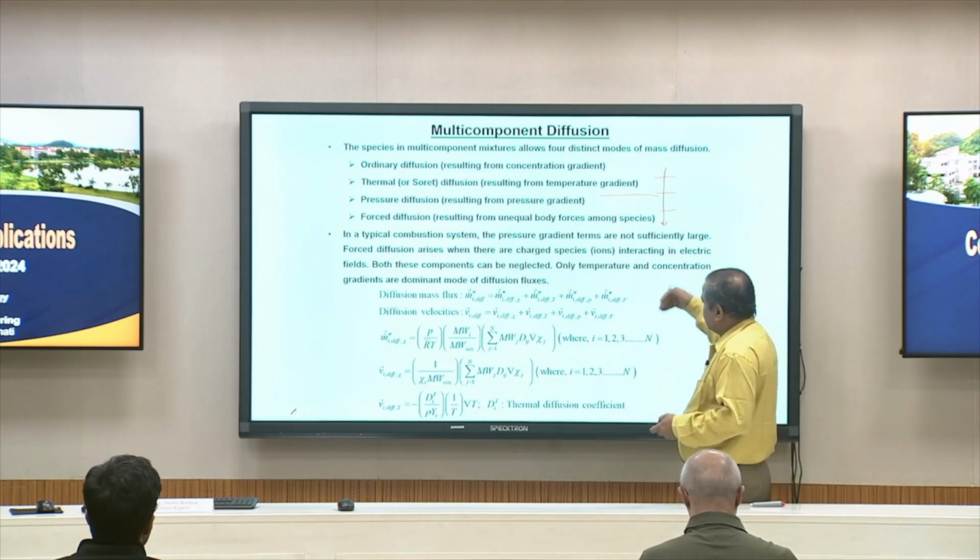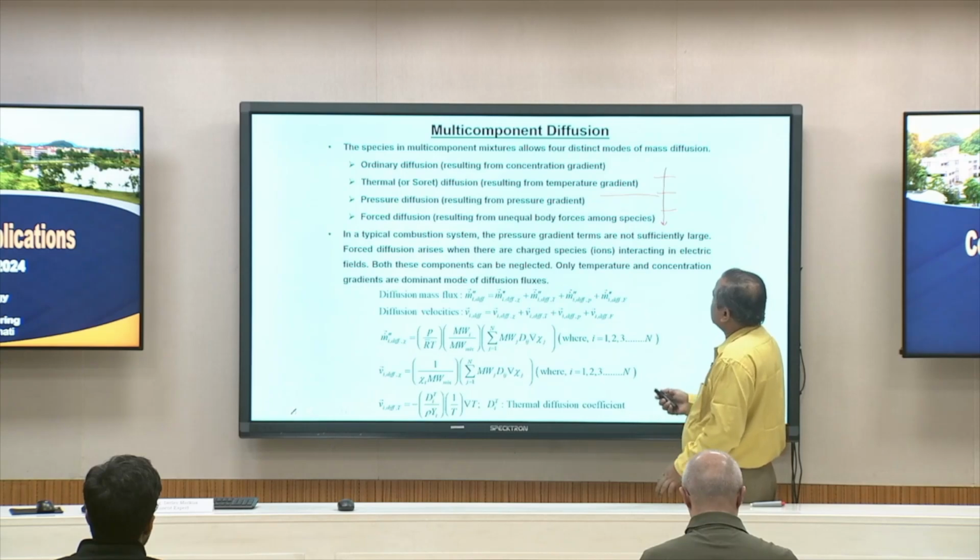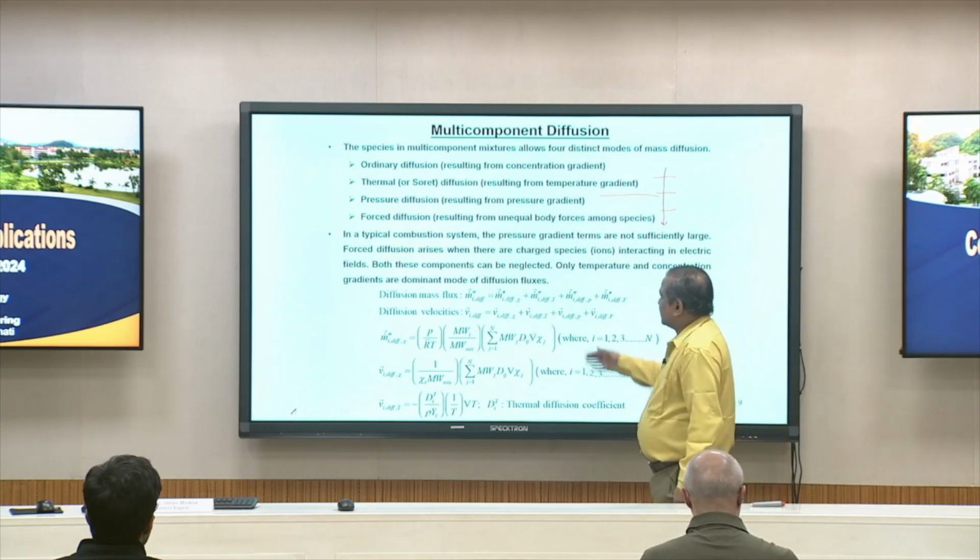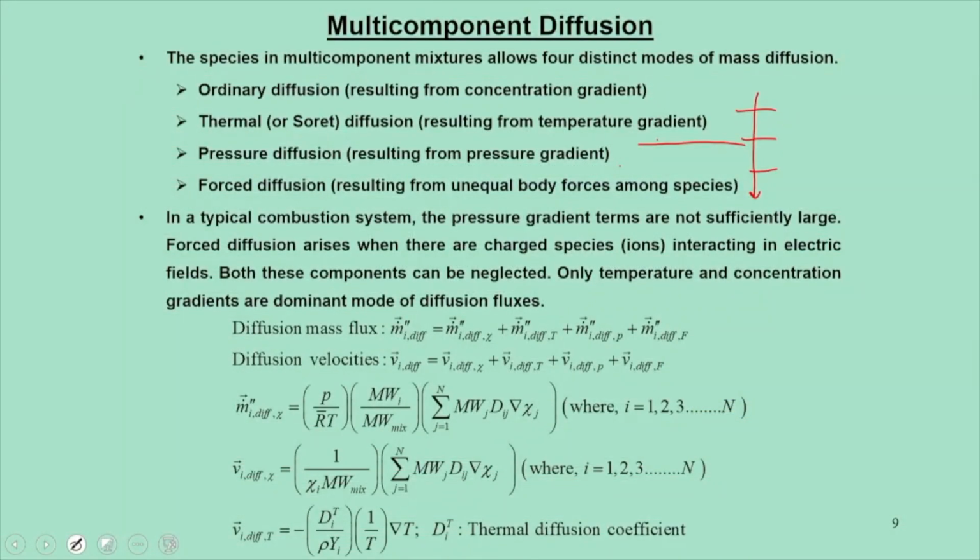Now coming back to some mathematical treatment, we have to introduce terms like diffusion mass flux and diffusion velocities. What you see in this equation is two things. One is we need to look into the global picture, which we call the mixture, with the molecular weight of the mixture.